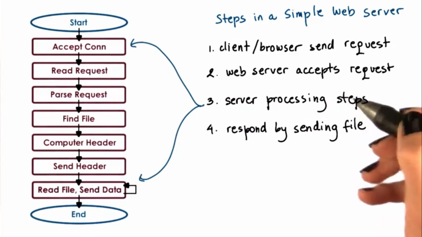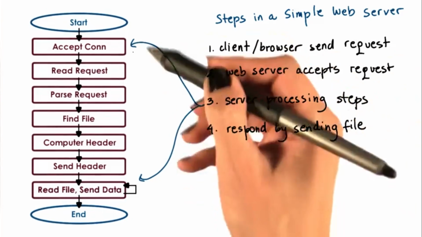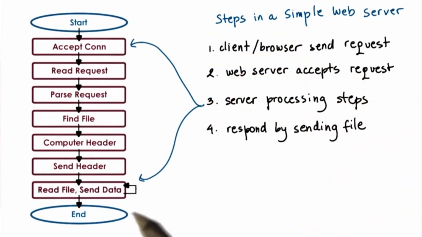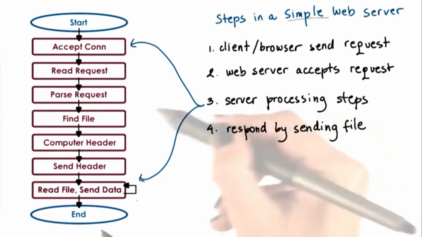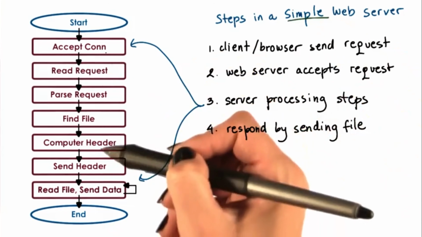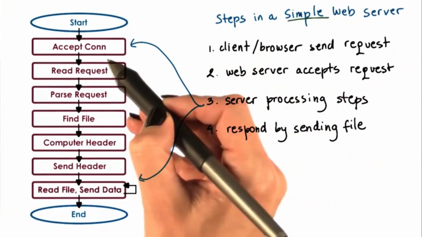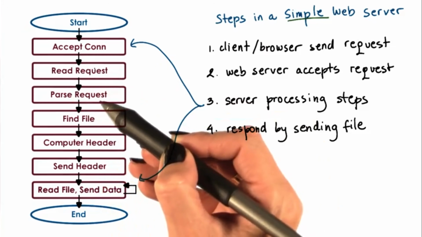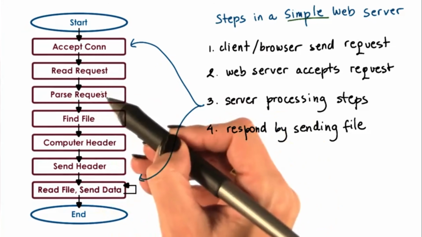After the request is accepted, there are a number of processing steps that the web server needs to perform before finally responding with the file. Now, we will talk about a simple web server. So if we take a look at what these steps are, we accept the connection, we read the request, so there is an HTTP request that's received, and we need to parse that request.